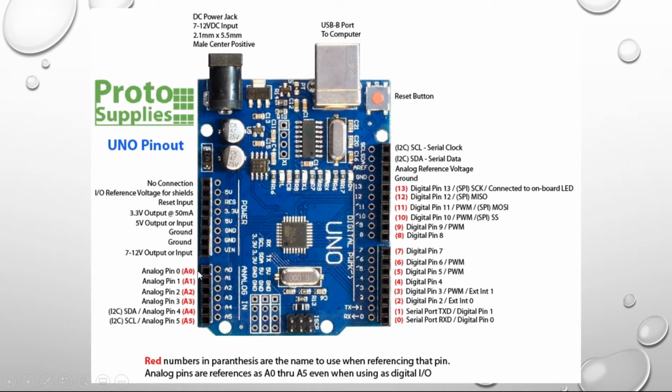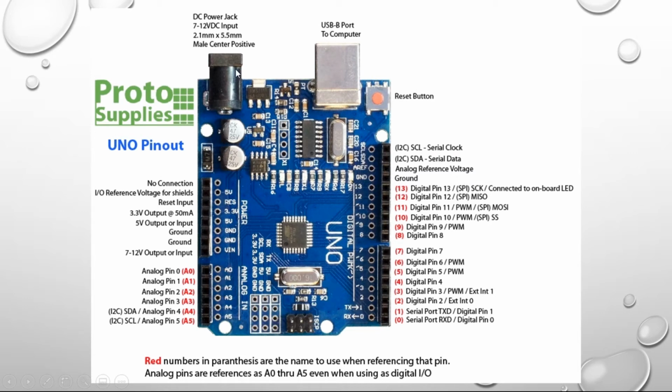This is the detailed pin layout for the physical pins available for this Arduino Uno board. It has 6 analog inputs here. It has a 5-volt pin and a 3.3-volt pin, and then a ground pin. You can also have your input reference voltage here between 7 to 12 volts, and it has 14 digital pins. It also has an I2C port, and an analog reference voltage for your sensors or analog pin here.